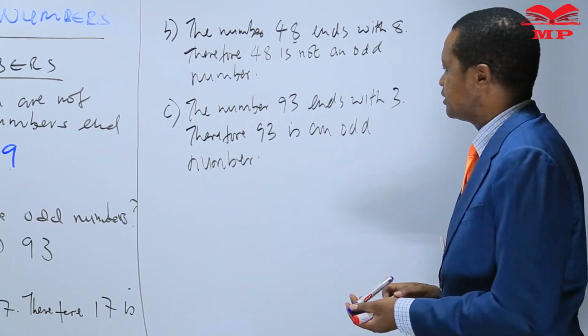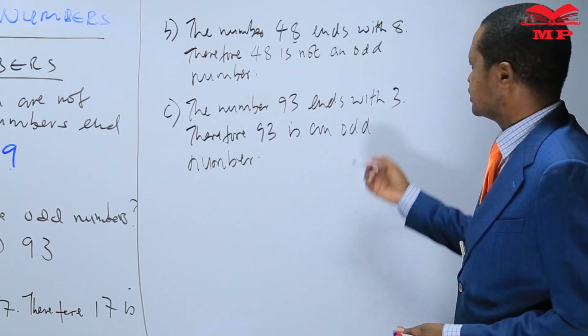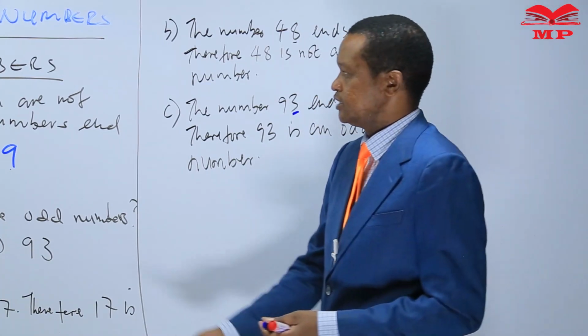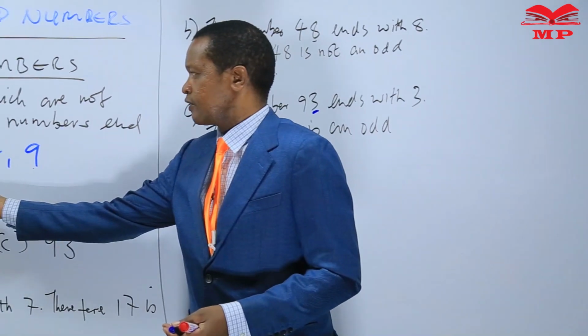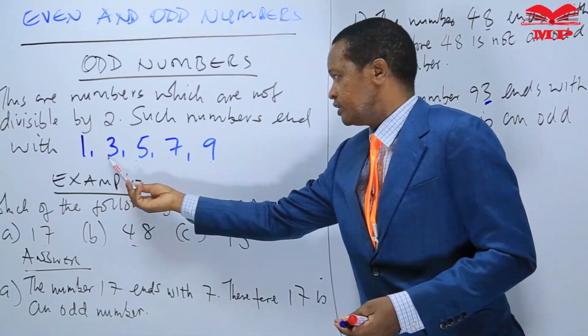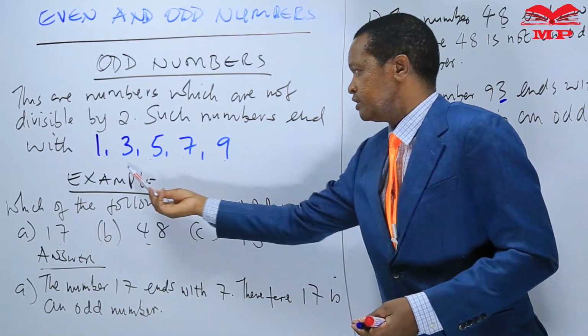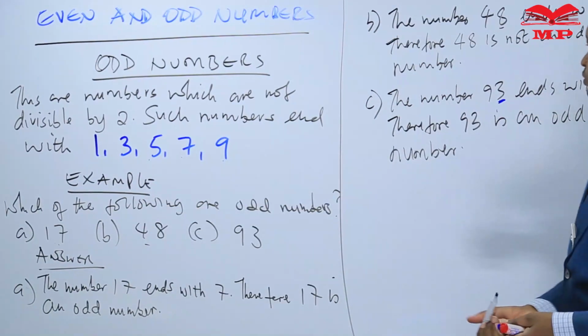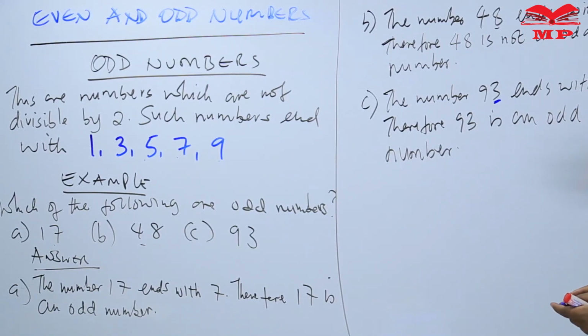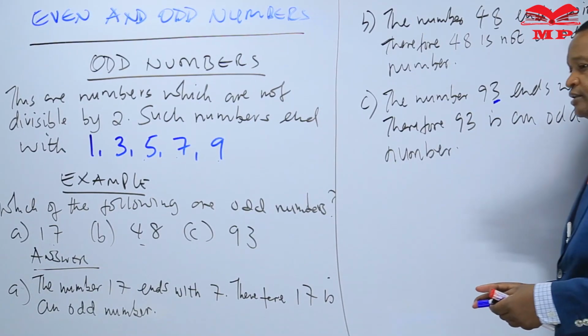Why is it an odd number? It is an odd number because it ends with 3, and for a number to be odd, it must end with 1, 3, 5, 7, or 9. 3 is one of the numbers, so 93 is an odd number.